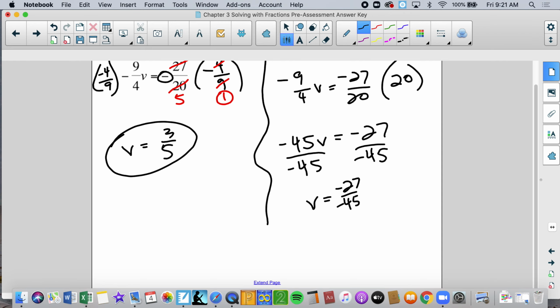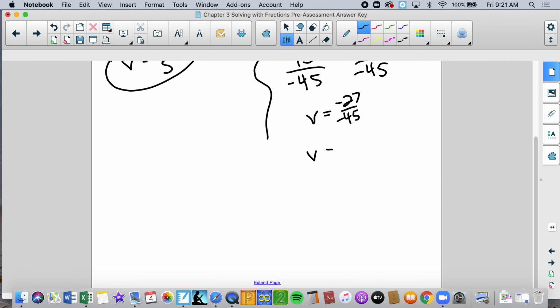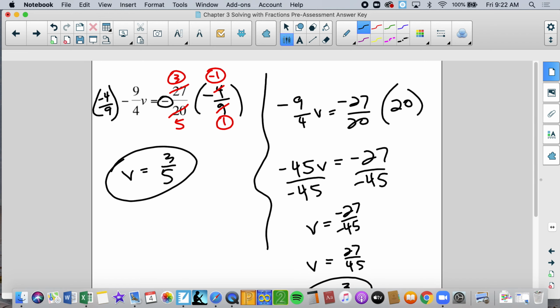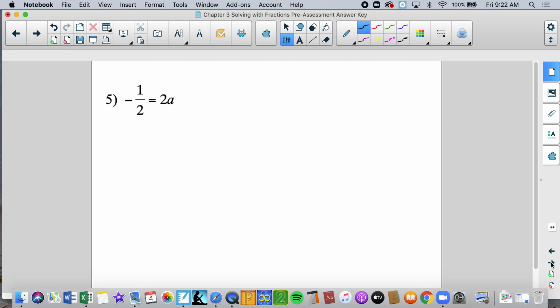The two negatives cancel. And you get 27 over 45. 9 goes into both of those. So 9 goes into 27 3 times. 9 goes into 45 5 times. And you get 3/5. Oh, that's the beauty of checking your work. You will catch silly mistakes.